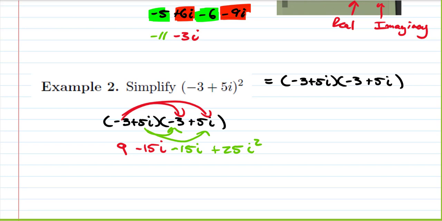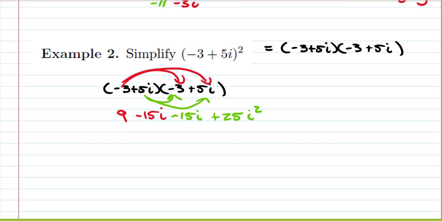So now we need to simplify this up a bit. So we have some like terms here, negative 15i and negative 15i. So I have 9 minus 30i plus 25. But then what is i squared the same as? Well, we know that i squared by definition is negative 1.